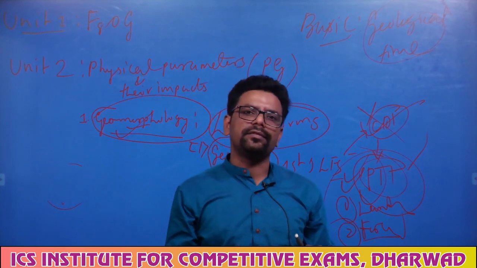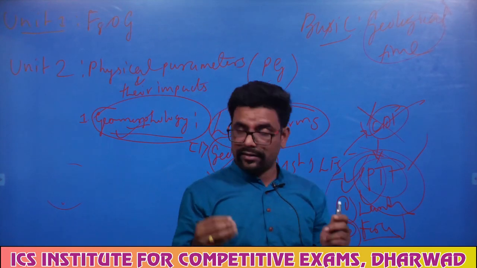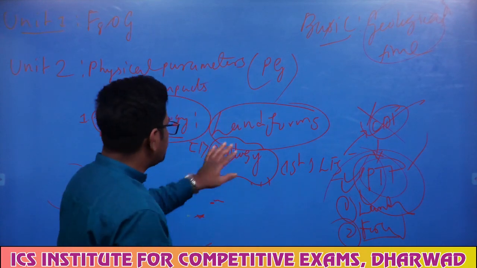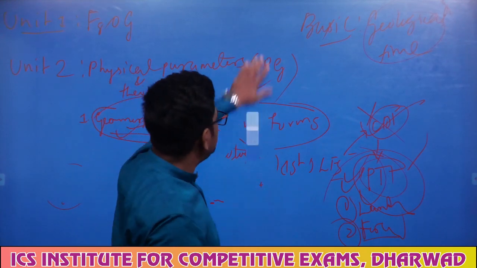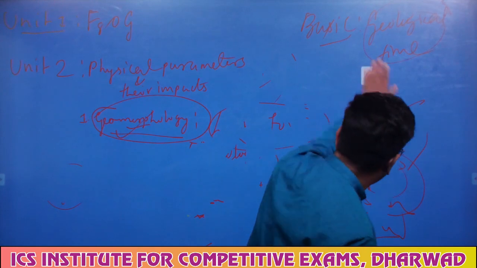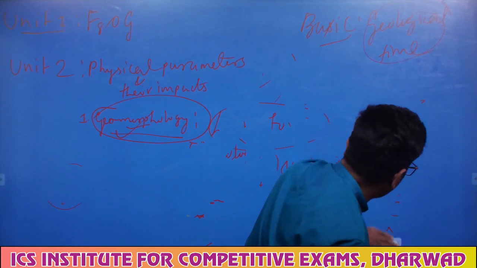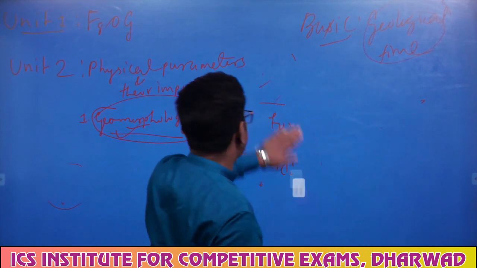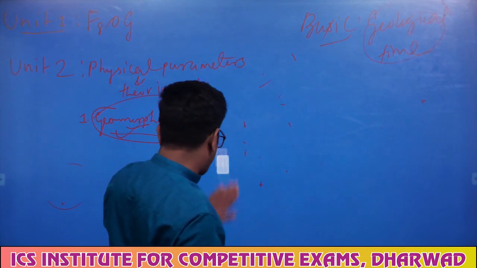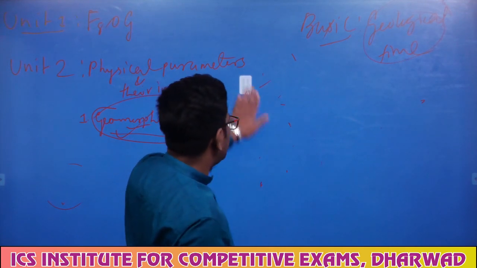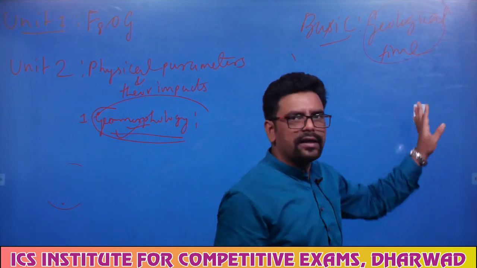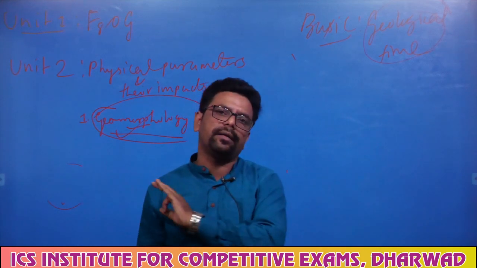So if you study this much, this chapter is finished. It's very simple. This is entirely what we study in geomorphology, all these topics, right? I hope you are understanding. So trust me and read clearly, and if you read subjects clearly, trust me, adding static is not a big thing.